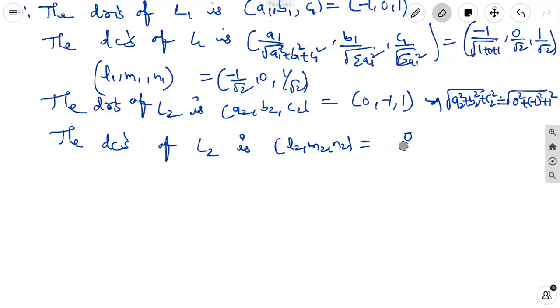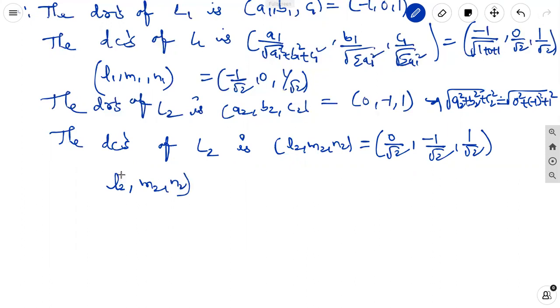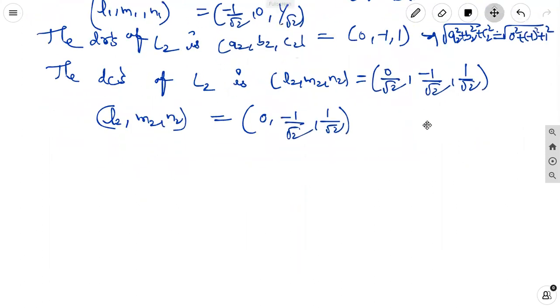So we can write it directly as 0 by root 2, minus 1 by root 2, 1 by root 2. So l2, m2, n2 is equal to 0, minus 1 by root 2, 1 by root 2.